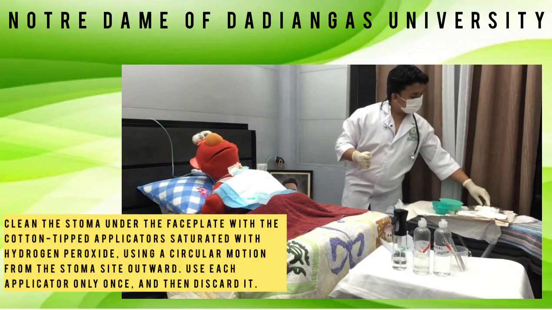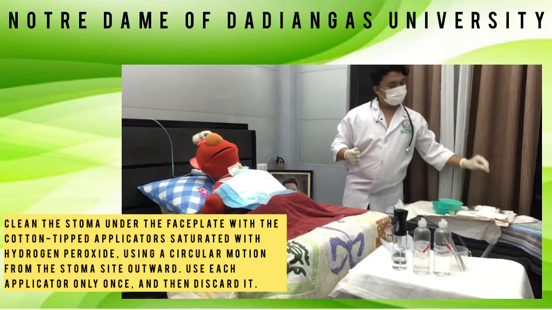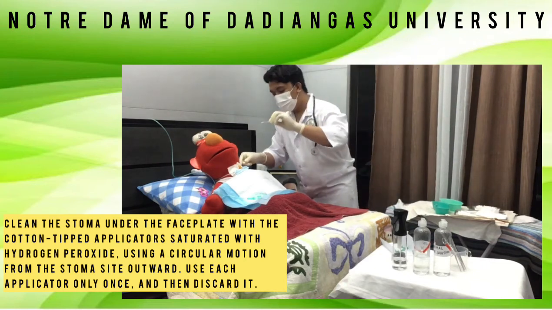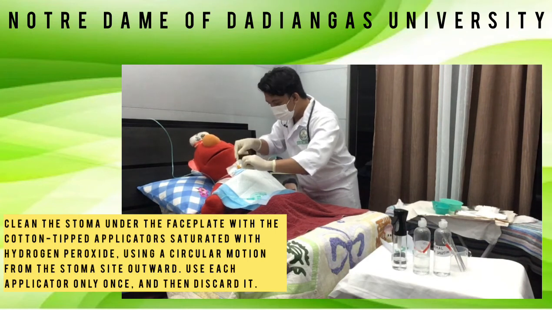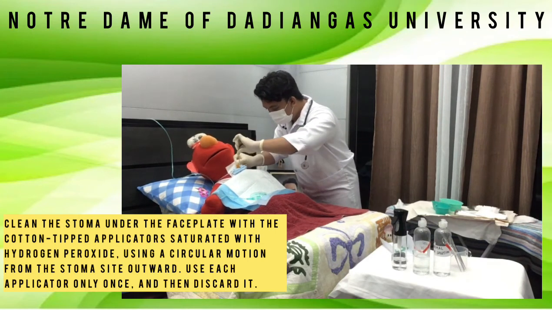Clean the stoma under the faceplate with a cotton-tipped applicator saturated with hydrogen peroxide, using a circular motion from the stoma site outward. Use each applicator only once and then discard it.